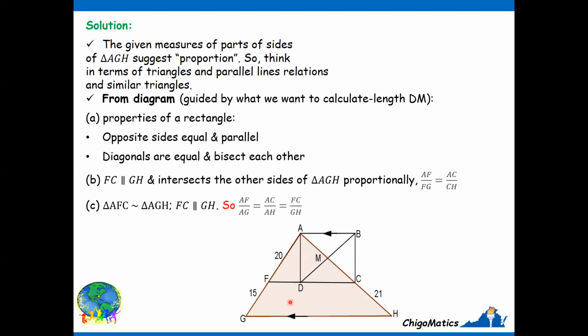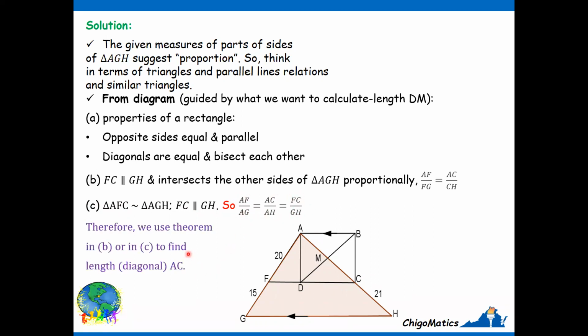Again, since FC is parallel to GH, we know that the triangle formed, AFC, should be similar to AGH. So this is what is there. For any similar triangles, their sides are in a given proportion, which is this one.